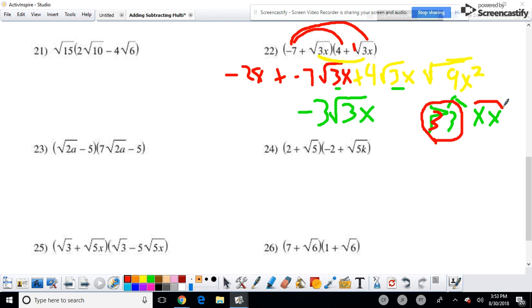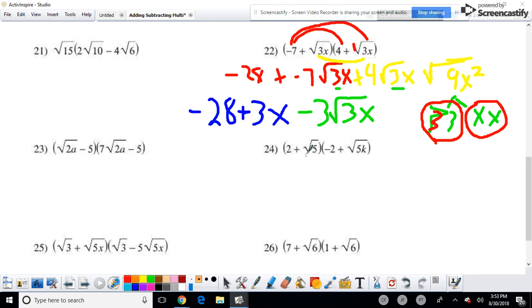And these x's are paired together, so both of these are going to come out from under the radical. So you're going to have a 3 and an x on the outside. Let's just put it in front of this. So we've got 3x right there. The -28, let's just put that in the front. So we've got -28 plus 3x minus 3 radical 3x.